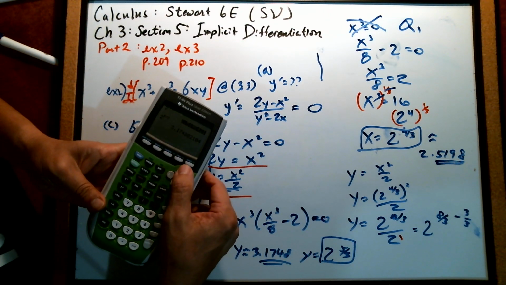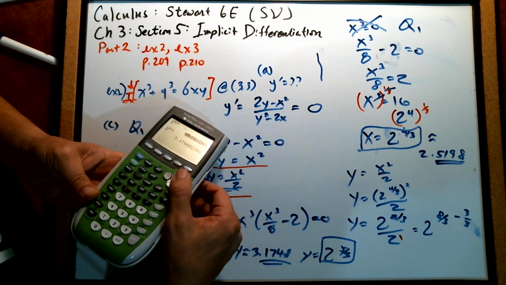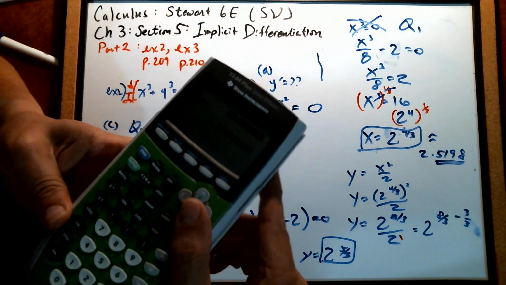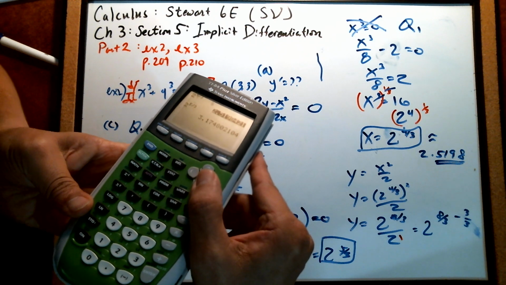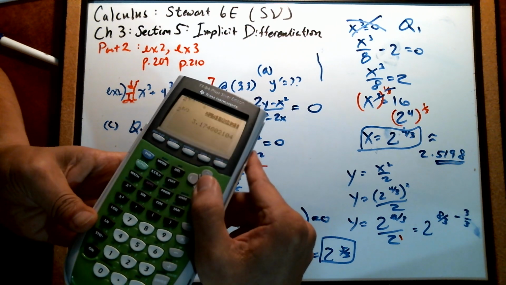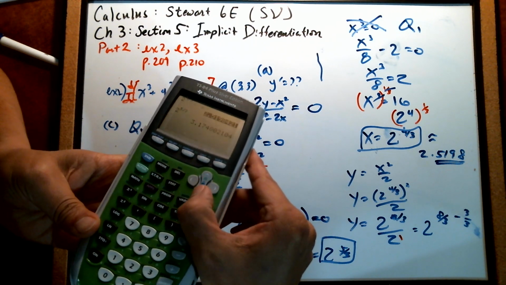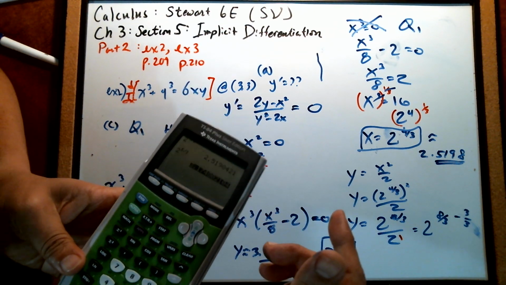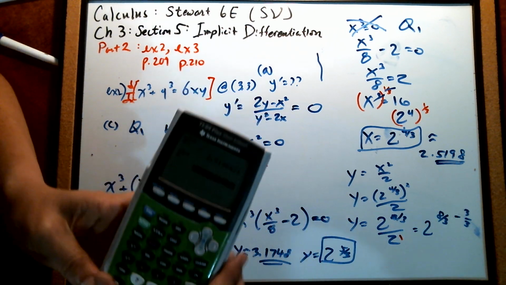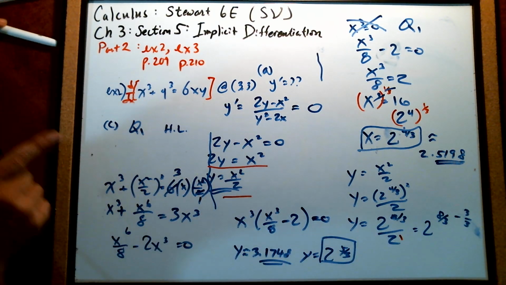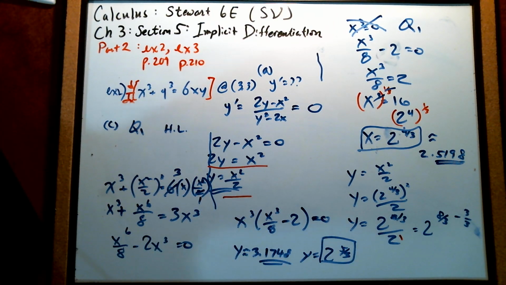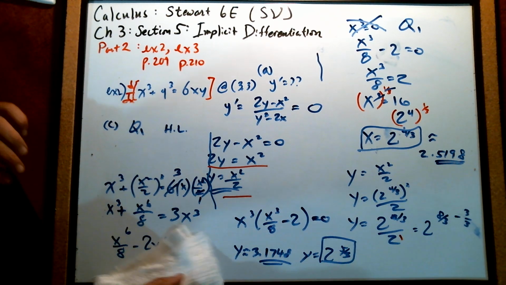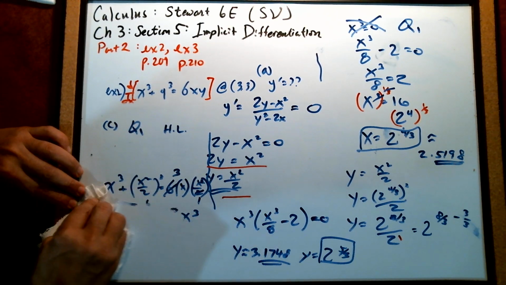And 2 to the 4/3 is right here, 2 point, I'm not sure if you can see that or not. And then if you use the bottom one as well, 3.1748. Okay. And that's example number 2. Let's do example number 3 really quickly. Let me clean this up a little bit.